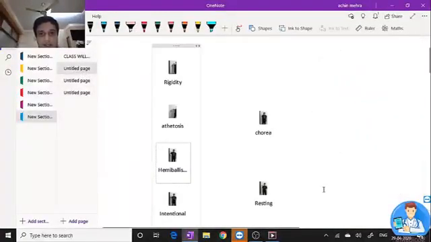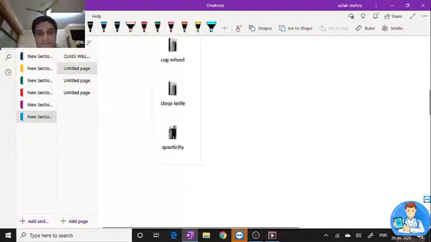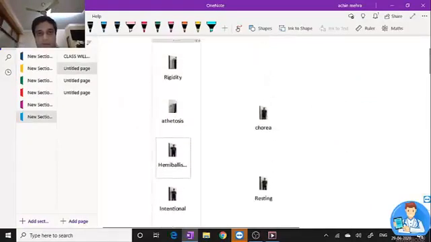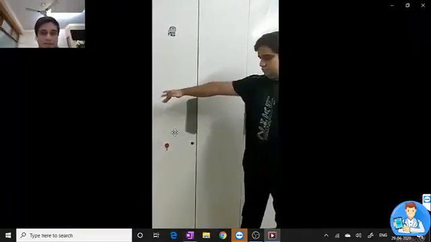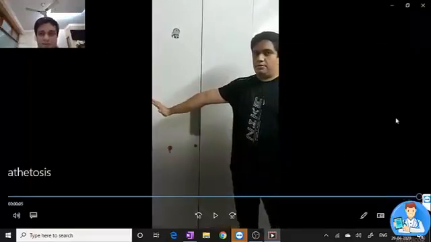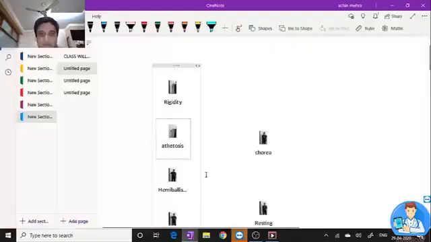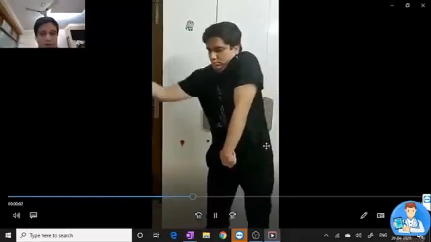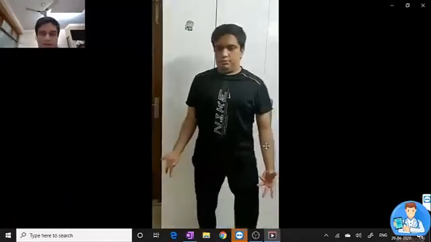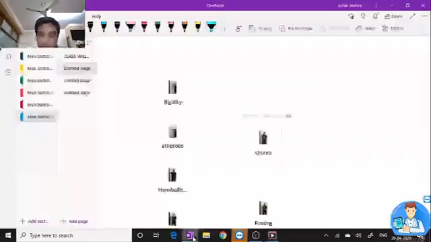I'll start with the very first one, which was athetosis. This was a typical snake-like movement. Then we have a typical dance-like movement, that is your chorea.